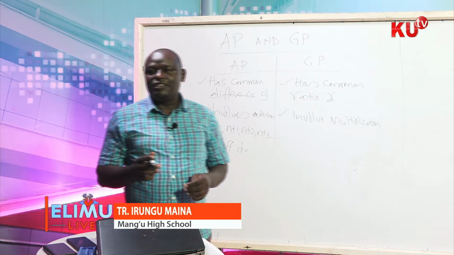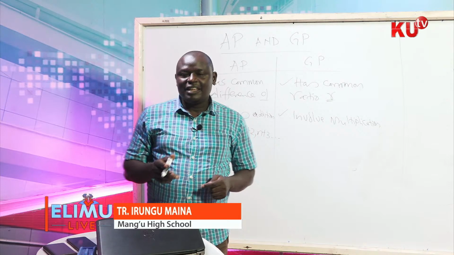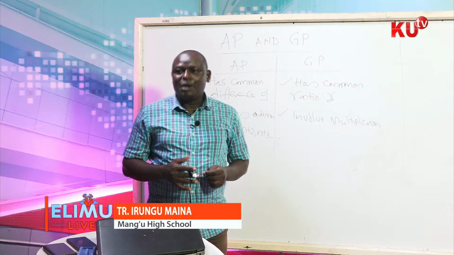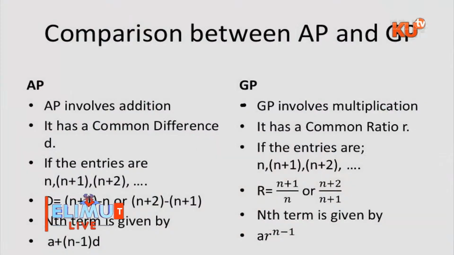The difference shall be given by the current value minus the previous value. I can say that again as you check that on your screen. I'm saying the difference shall be given by the current value minus the immediate previous value. That's what gives us D. So it's n plus 1 minus n.